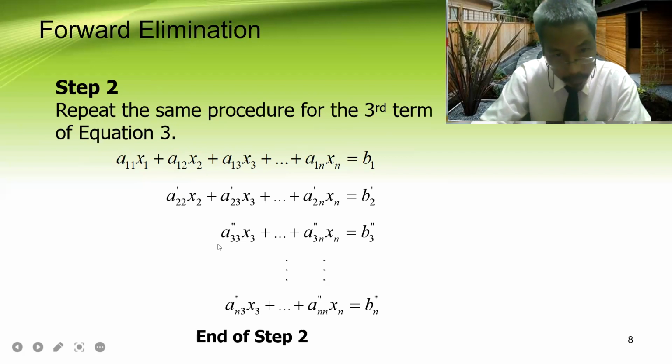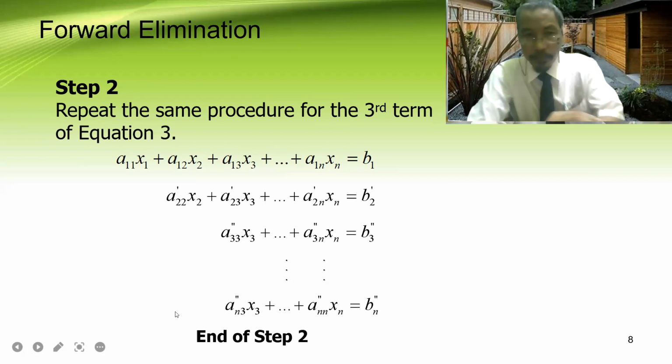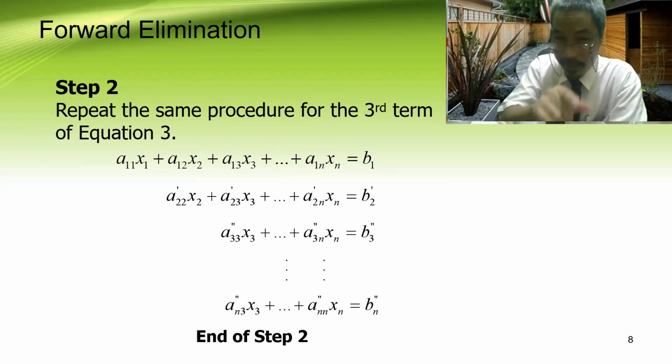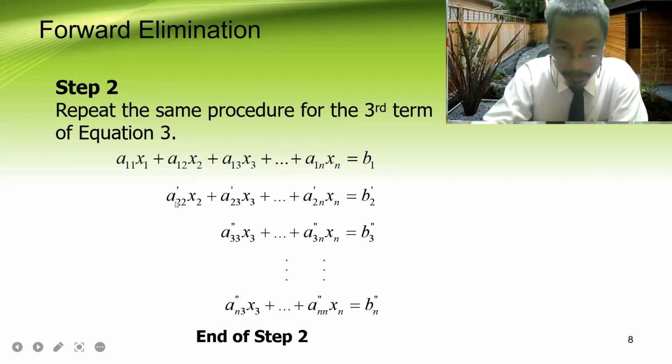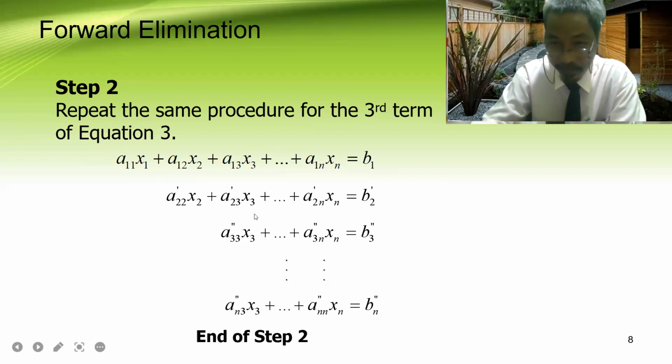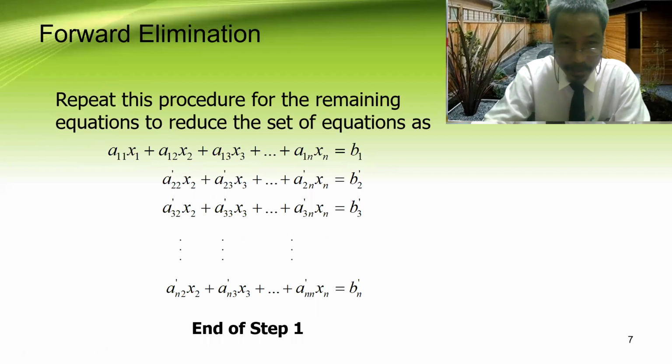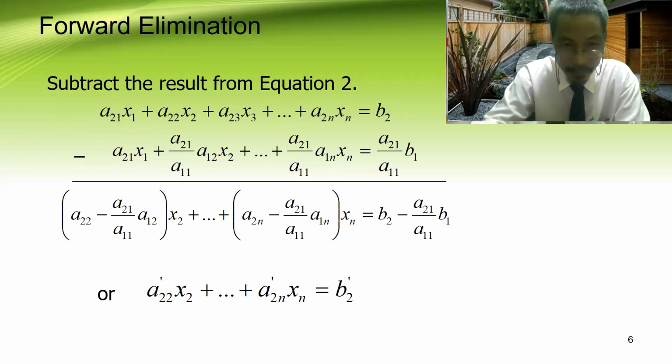That's why from the third equation up to the last, we will force it to become 0. Now, this is the correct write-up: A22 prime, because as you can see here, we have a prime.